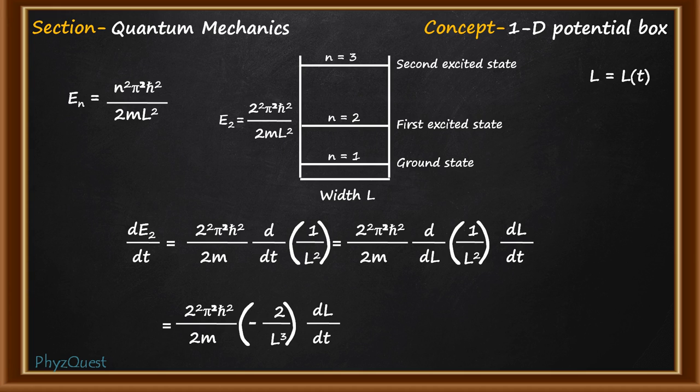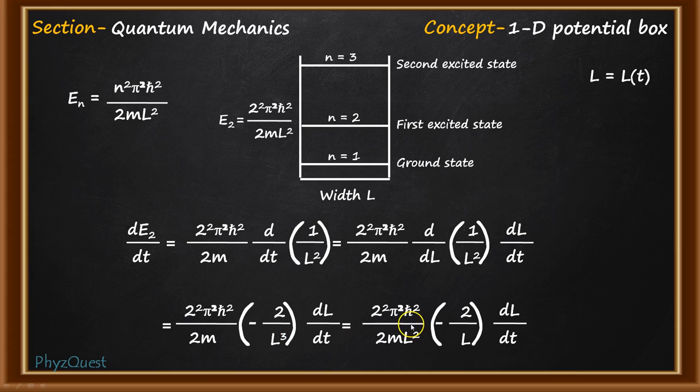Now if we rearrange, apart from dL by dt, this is equal to 2 square pi square h cross square divided by 2m L square into minus 2 by L into dL by dt. From minus 2 by L cube we took L square and put it in the first term.